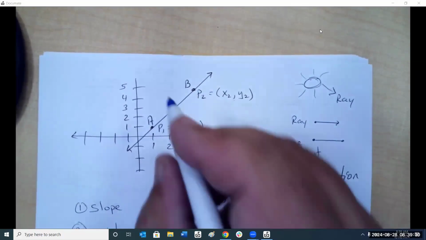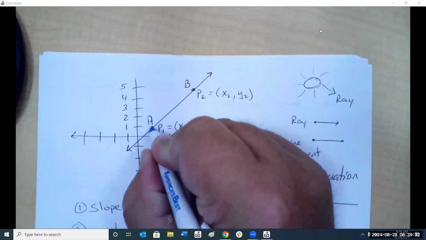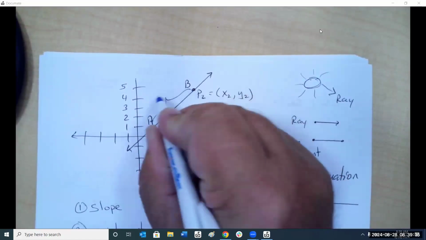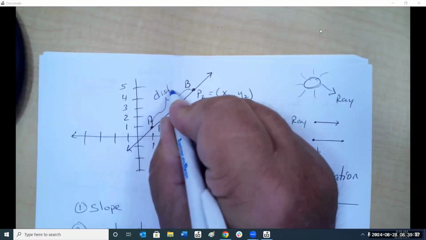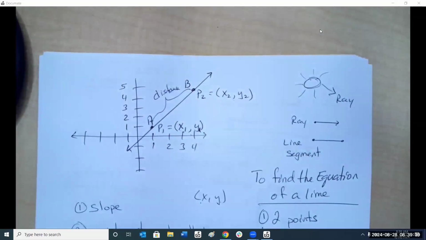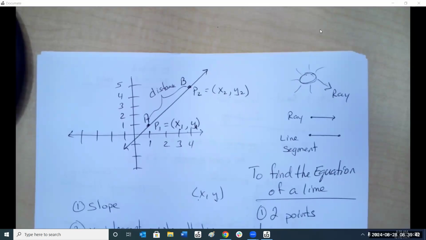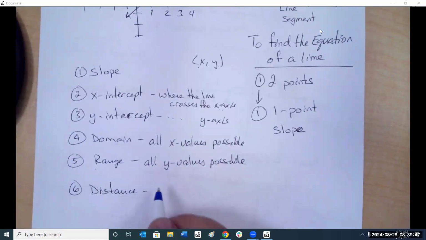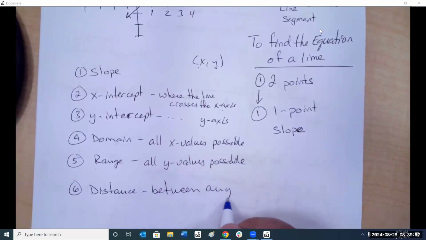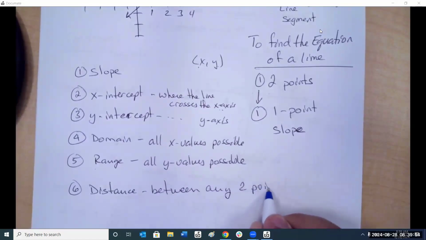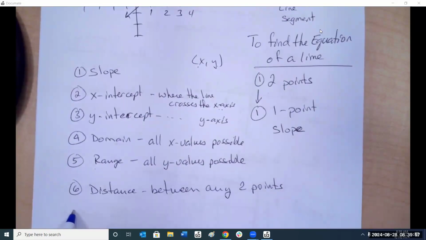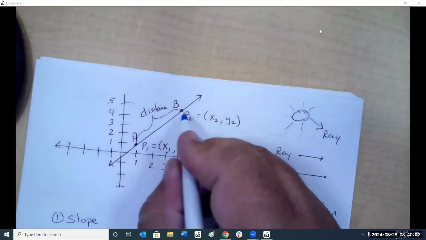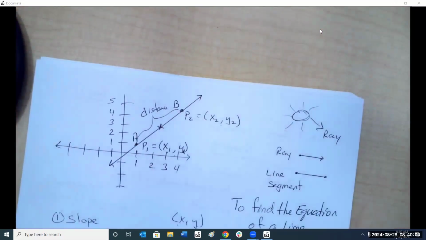So since we have 2 points, we can figure out the distance between these 2 points. And the last thing, since we have 2 points, we can find what value is halfway.